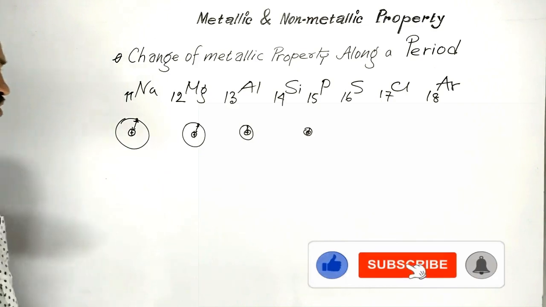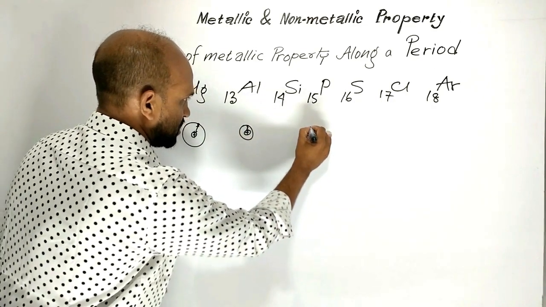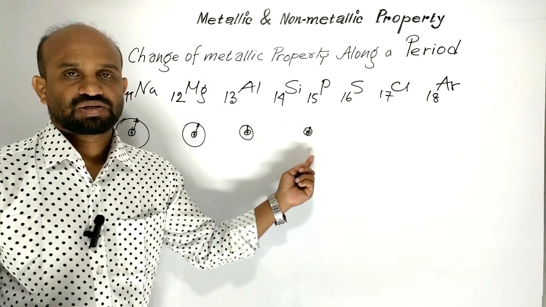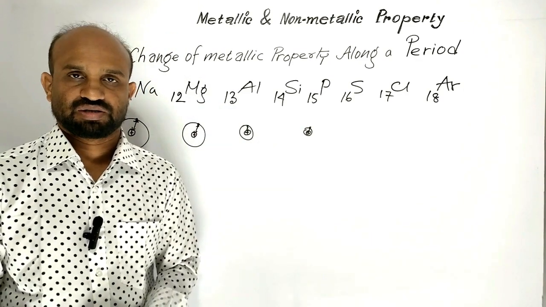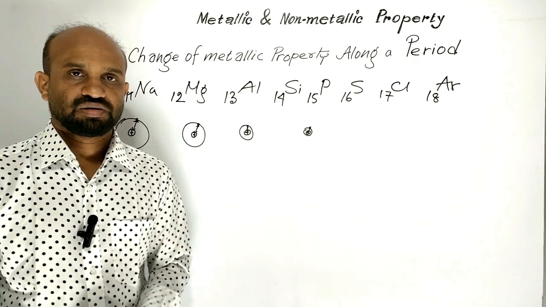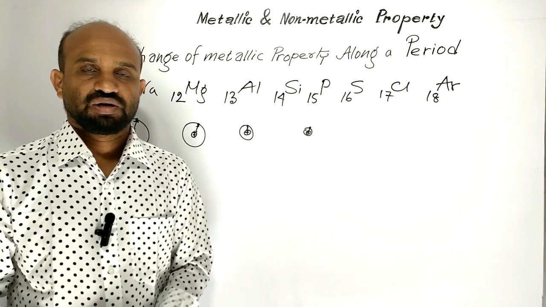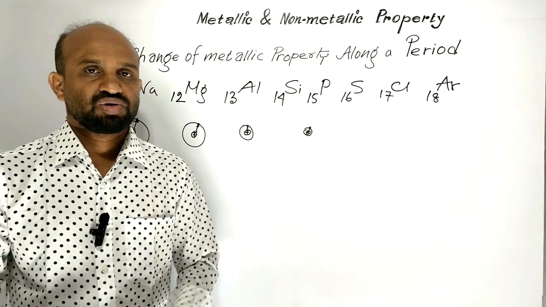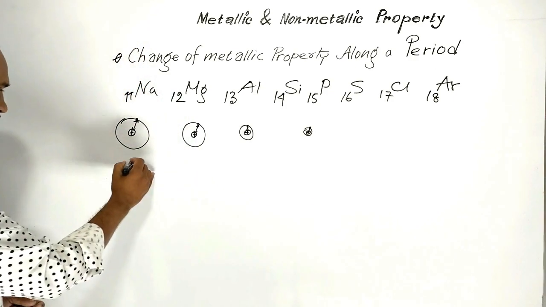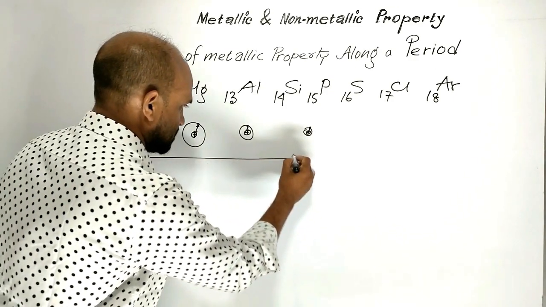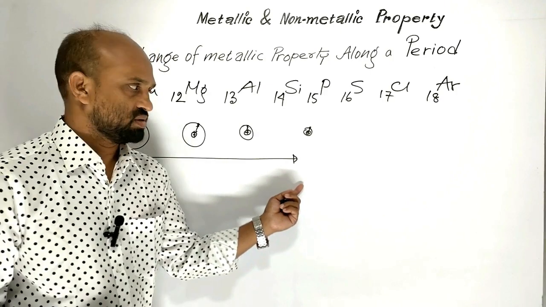That is, from left to right, the outermost shell electron gets strongly bonded to the nucleus because of the lower distance, and as a result, from left to right, elements cannot donate electrons easily. Electron donating character decreases.